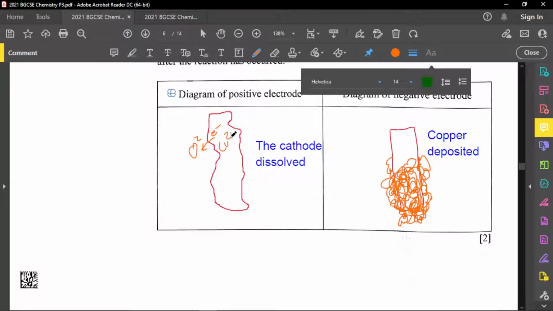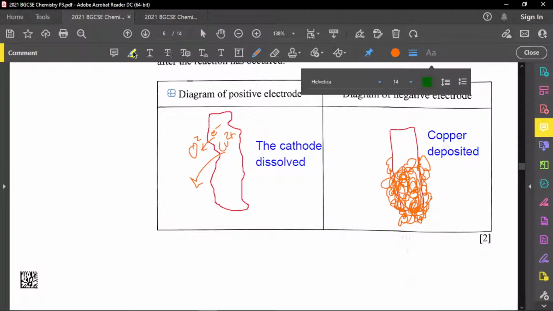If you have Cu2+, it will not stay on the metal because the metal already has a positive charge, so it ends up going into the solution, or the electrolyte. That's why it is losing Cu2+ ions all the time, and since it keeps on losing them, eventually it becomes less.